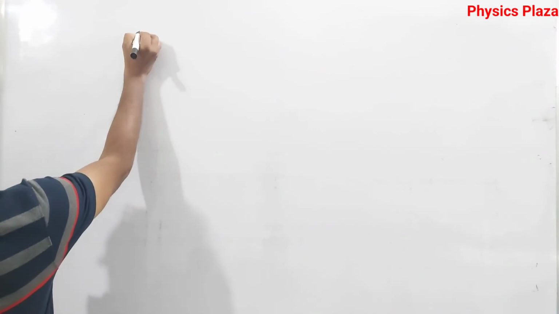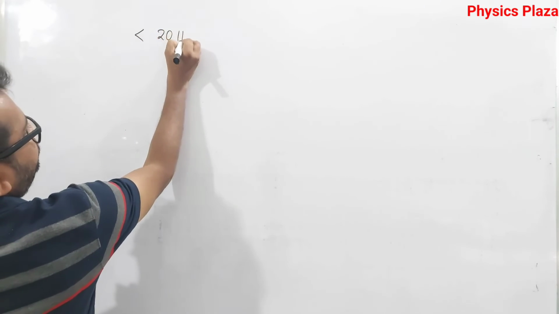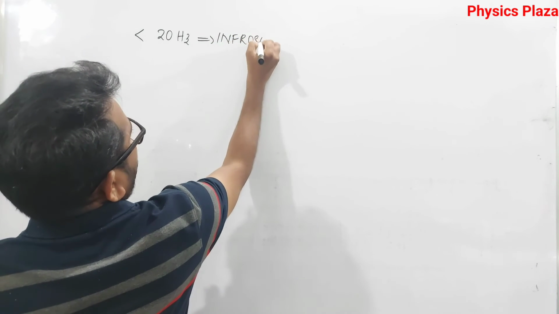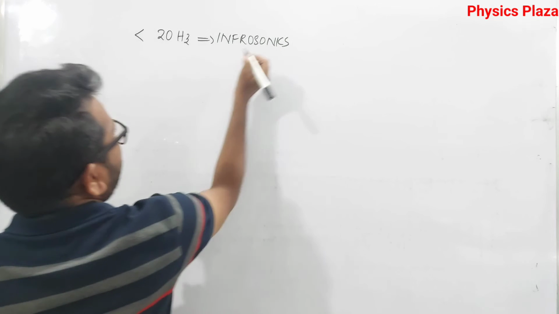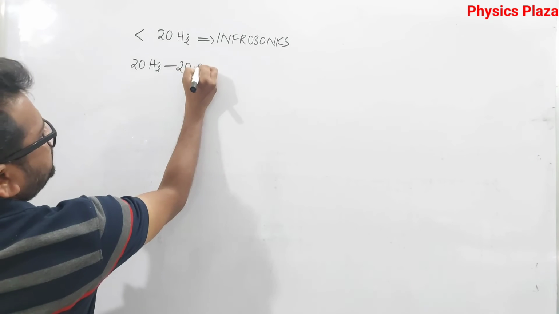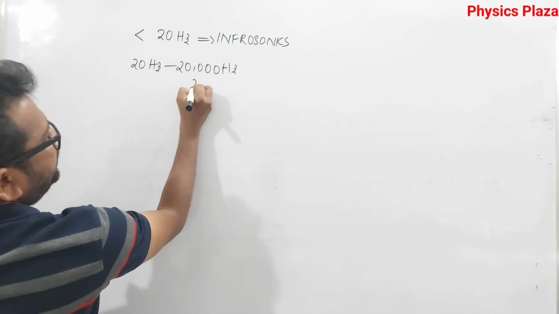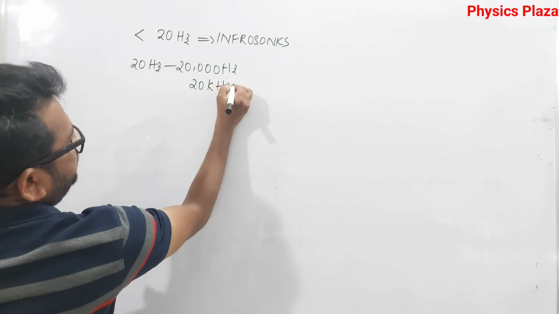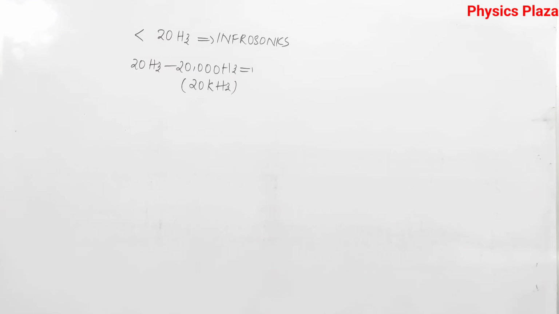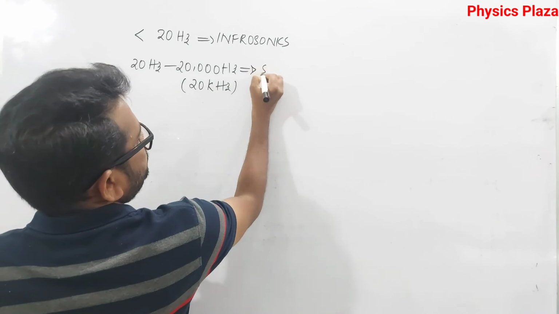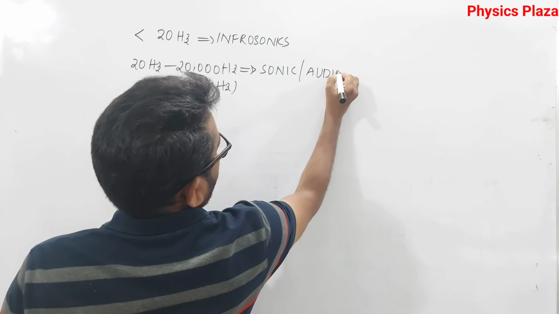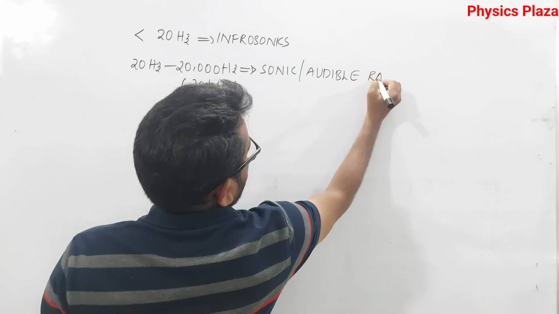The sound with a frequency less than 20 hertz is called infrasonics, whereas the sound between 20 hertz and 20,000 hertz, we can also write 20 kHz, is called sonic sound, or we can say simply the audible range.